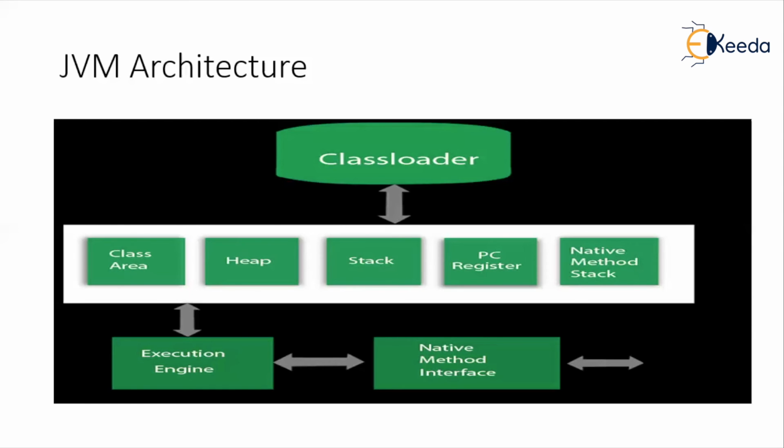Now, what JIT does is compile the parts of bytecode which have similar functionality, and this compilation is done at the same time, so that the time required to compile each and every piece of code separately is reduced, right?